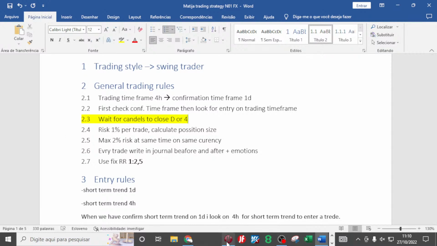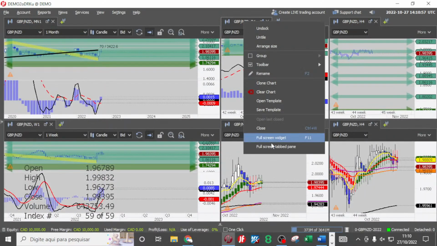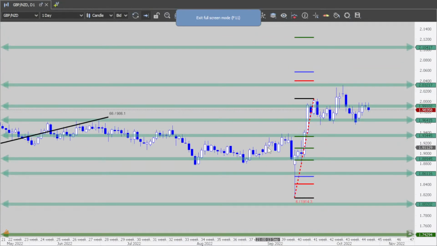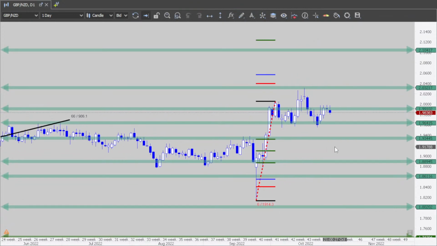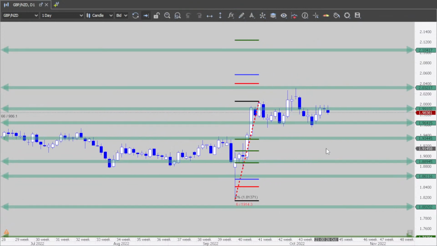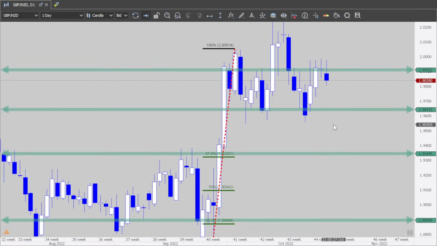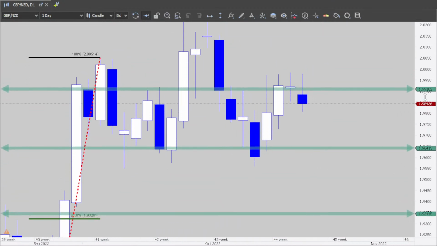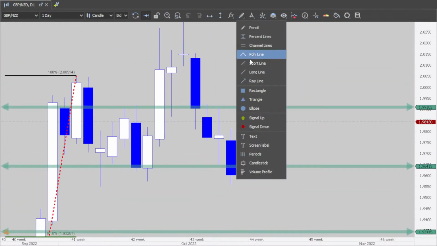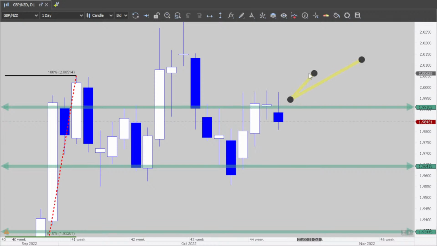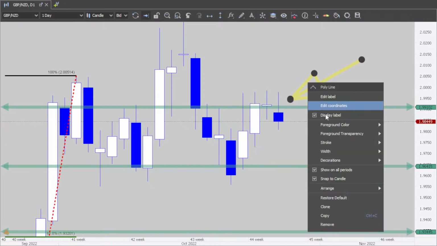Okay, what's the difference? So GBP NZD, if this is the chart, everybody, and if you want to buy and you want to see a daily bullish candle, you have no entry right now, do you?